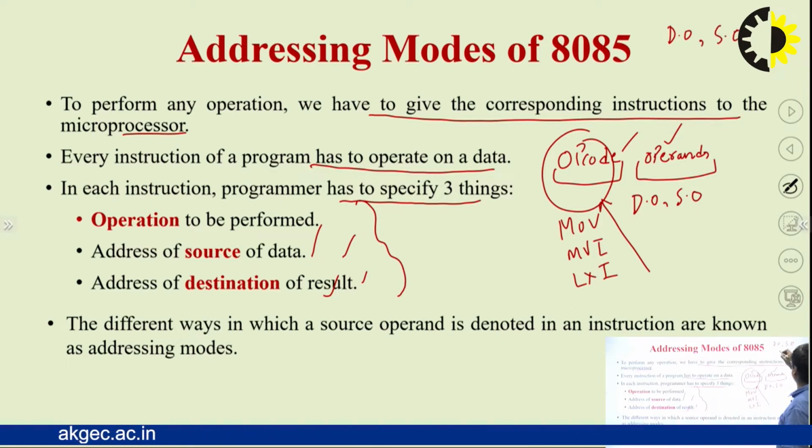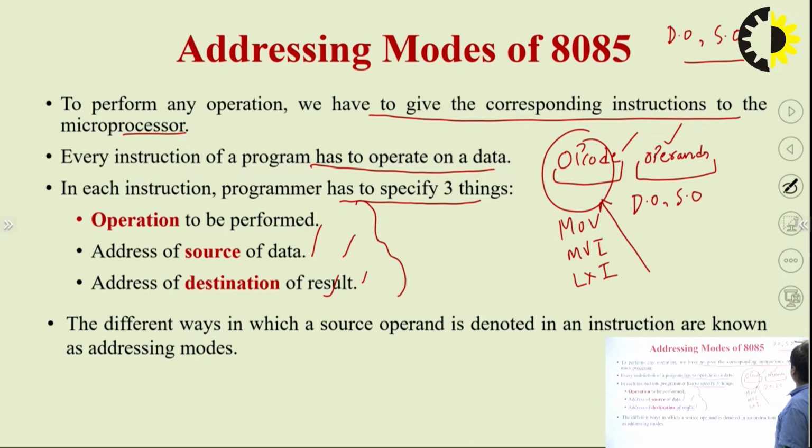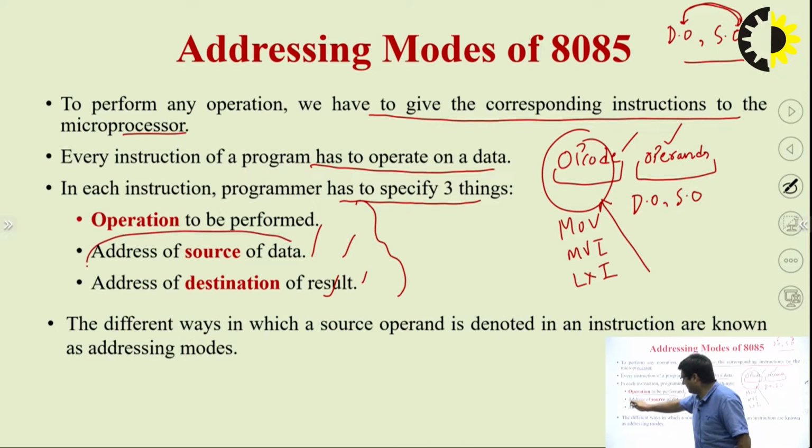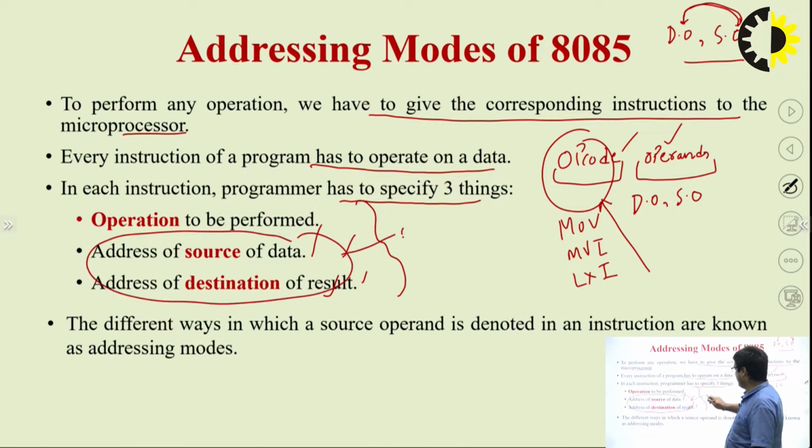For example, in the 8085 microprocessor, data has to be shifted from the source operand to the destination operand. So we need to know the address of the source of data and the destination operand. Operands are two.